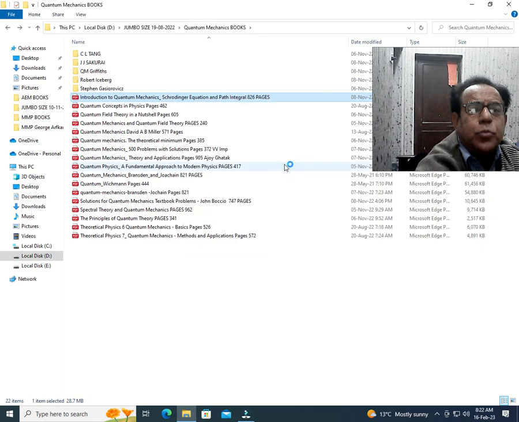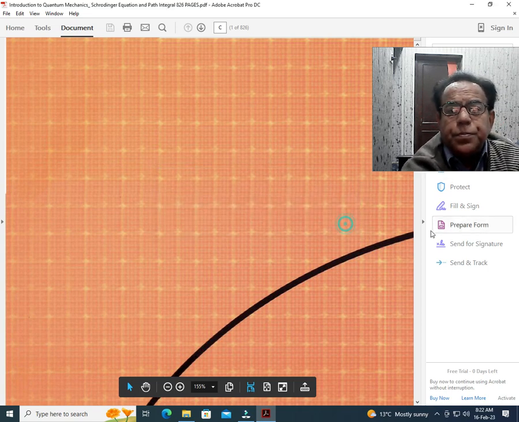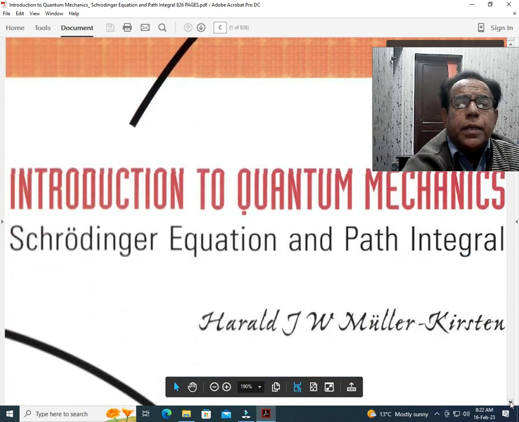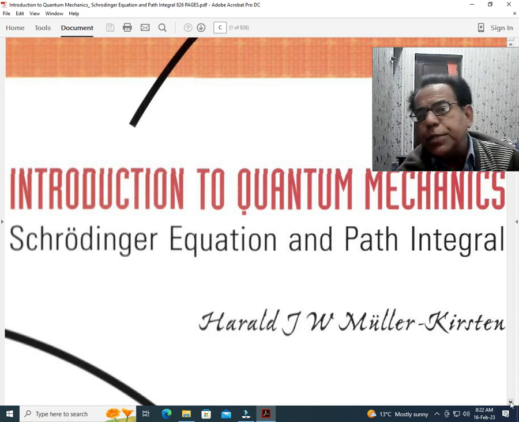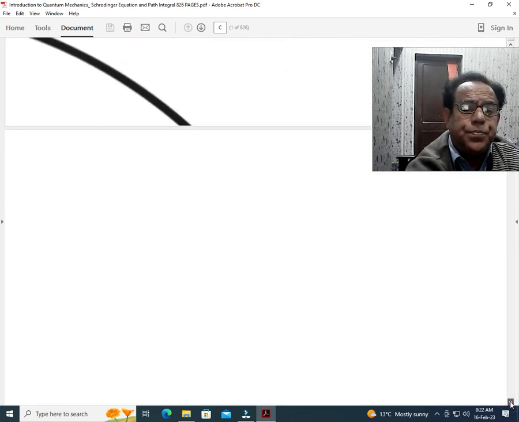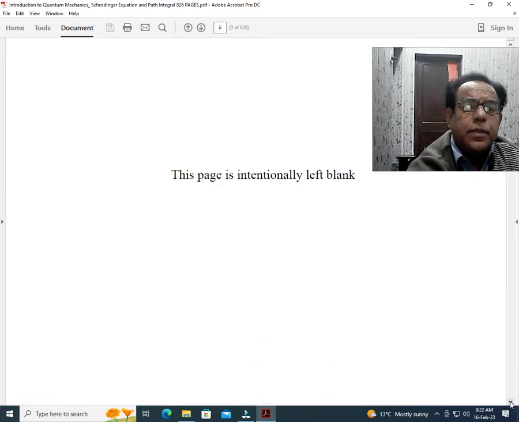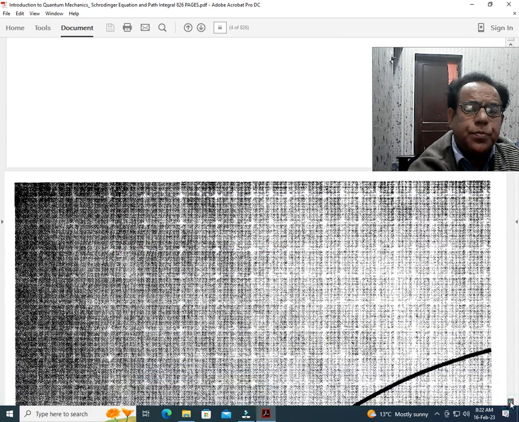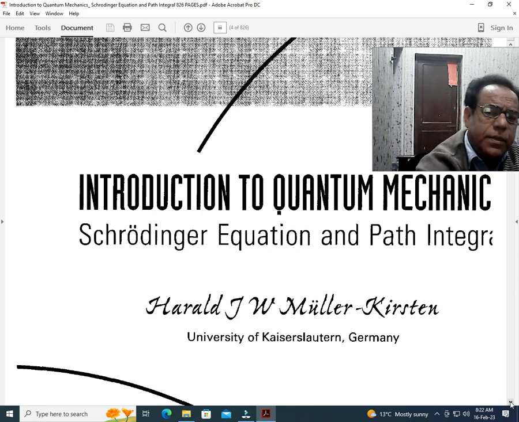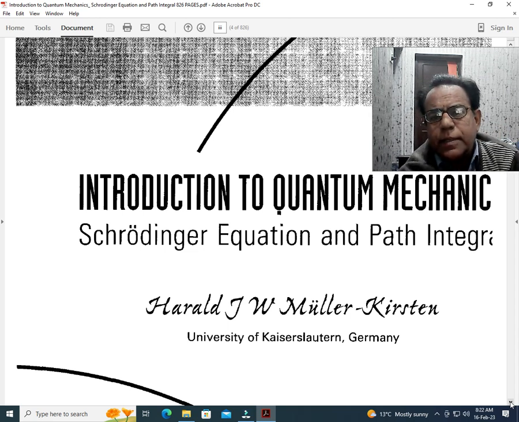Now we open the next book. Introduction to Quantum Mechanics, Schrodinger Equation and Path Integral, by Harald J. W. Muller-Kirsten.